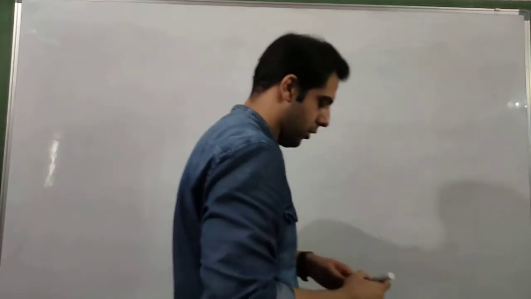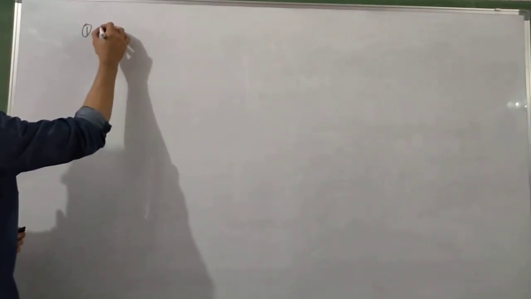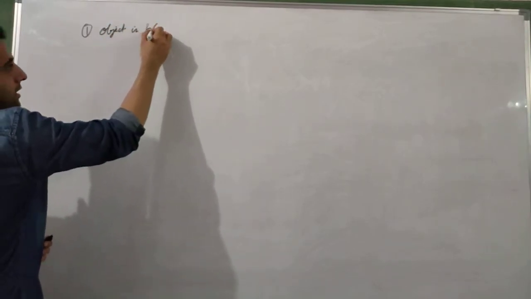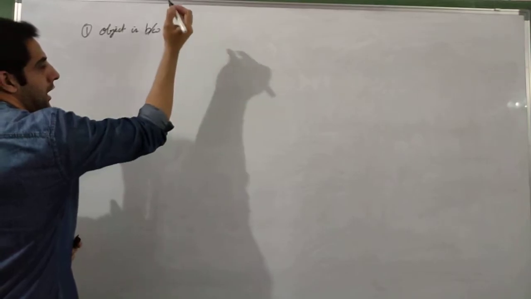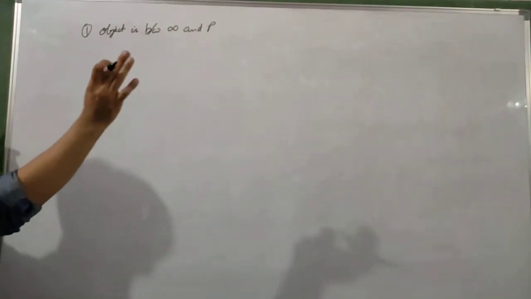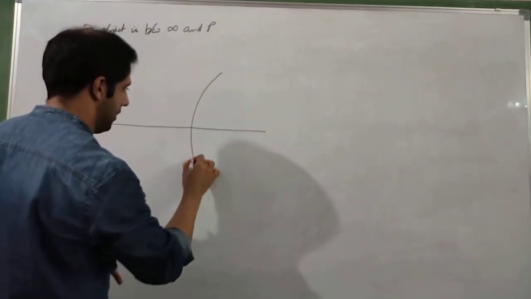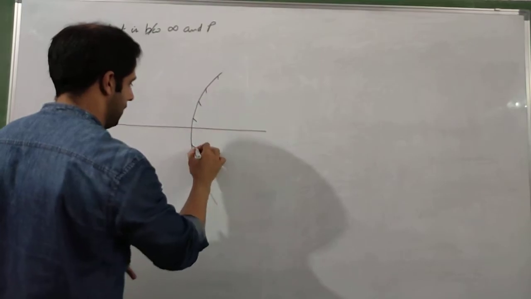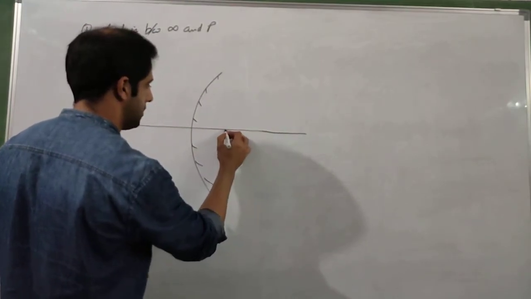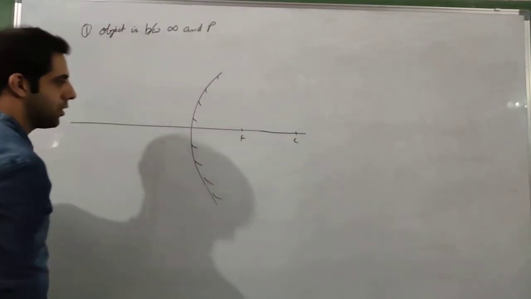In our syllabus we have only two cases. First case: the object is between infinity and pole. It is somewhere between infinity and pole. Suppose this is your focus, let this be your center of curvature.